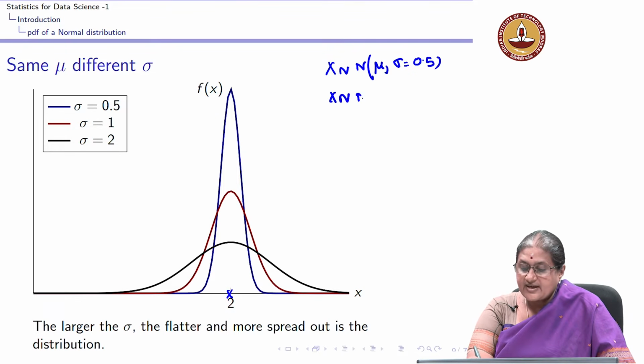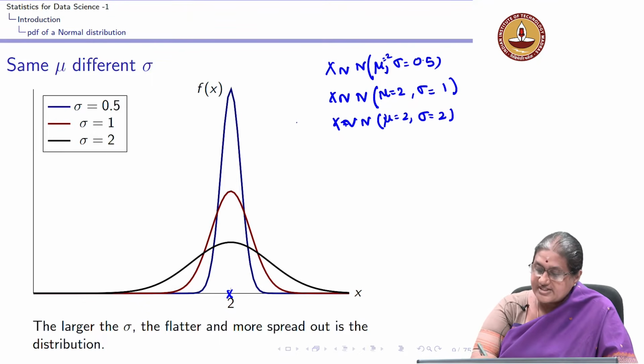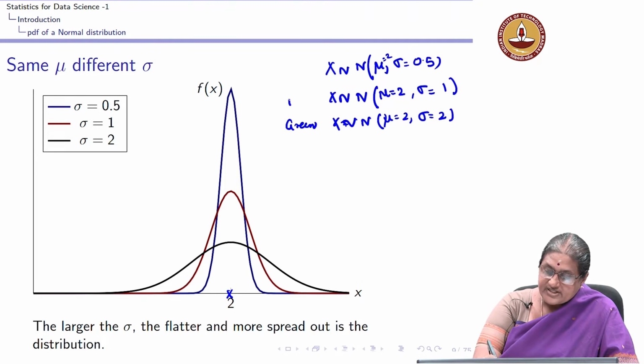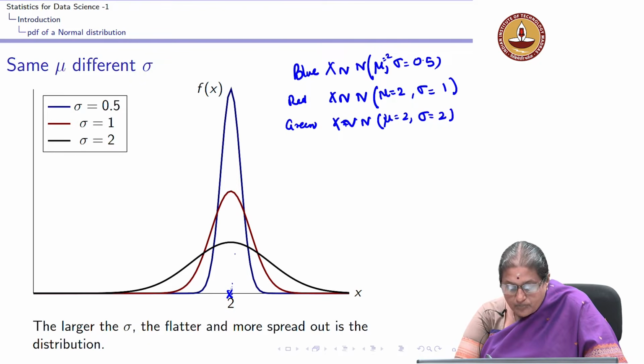The second, the red, is a normal with mu again equal to 2 and sigma equal to 1. The third is a normal with mu equal to 2 and sigma equal to 2. This is green, this is my red and this is my blue. They all have the same mu.